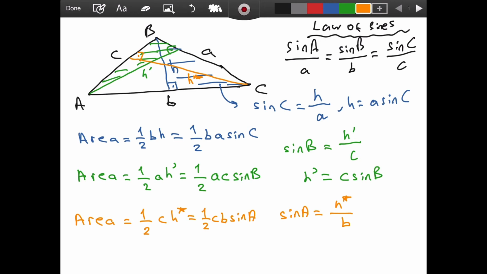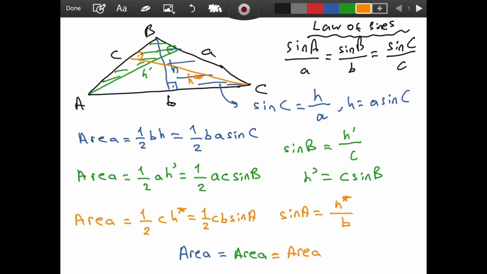Right now we have three different equations for the area of the triangle. The key insight to have here is that we are talking about the same triangle all the time. So all of these area equations must be equal to each other, which means that, and perhaps it is obvious, the area in blue is equal to the area in green, which is also equal to the area in orange.